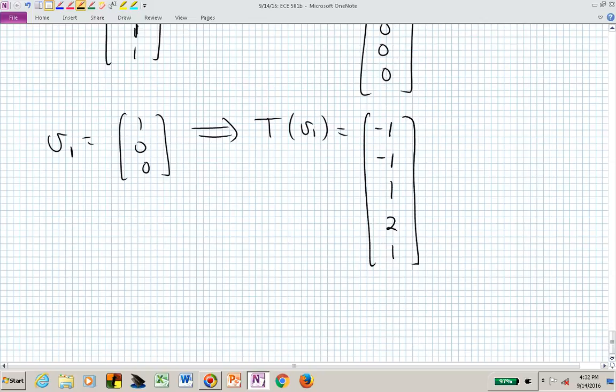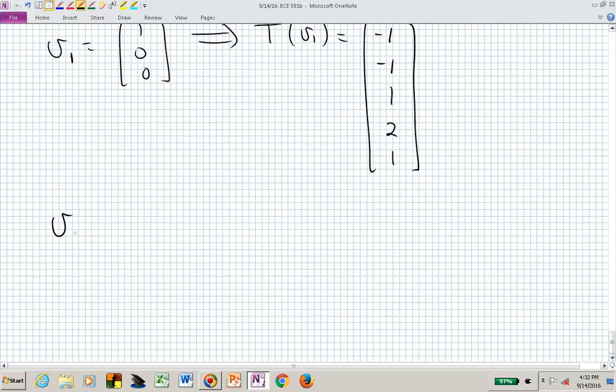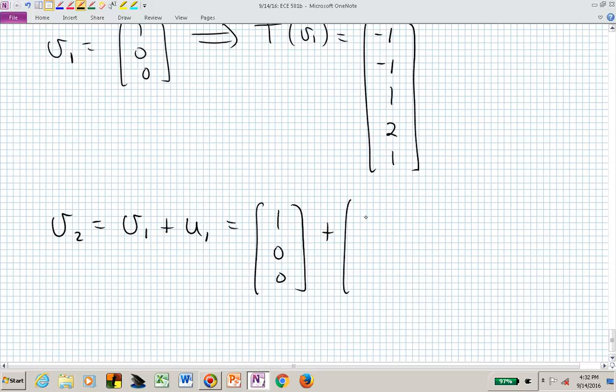And if we build up a new input vector, let's say V sub 2, which is just a direct sum of V1 and U1, we now have 1, 0, 0 plus minus 2, 1, 1, or minus 1, 1, 1.